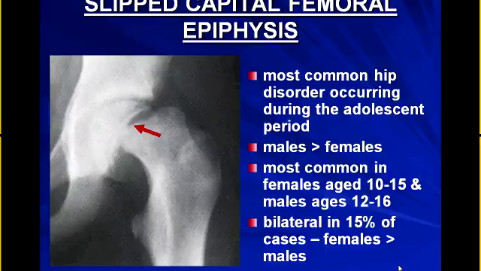Normally when it's unilateral, males have a higher incidence. Again, what's really important here is that 75% of these children are overweight and have delayed skeletal and sexual maturity. So that is why it is a concern. It's a disease of the future and one that you're going to see a lot of coming up. And we'll see the results of it in 20 years when these children develop osteoarthritic change.